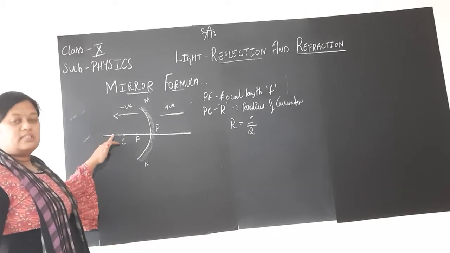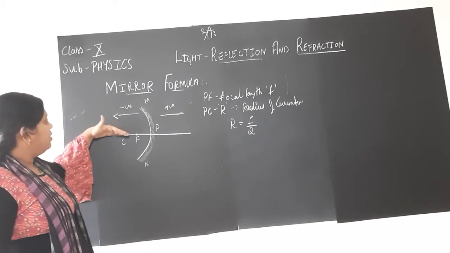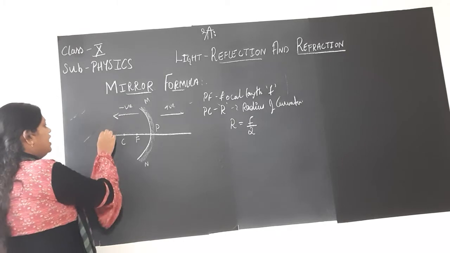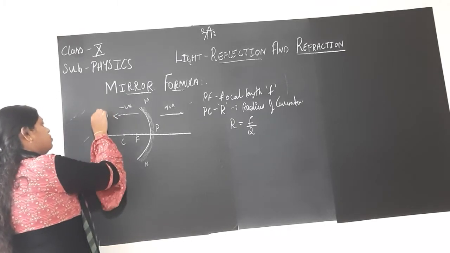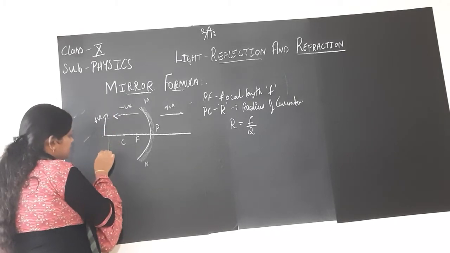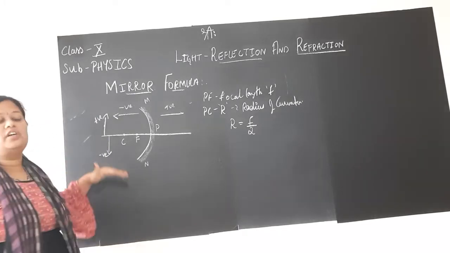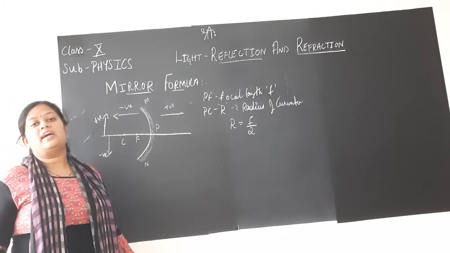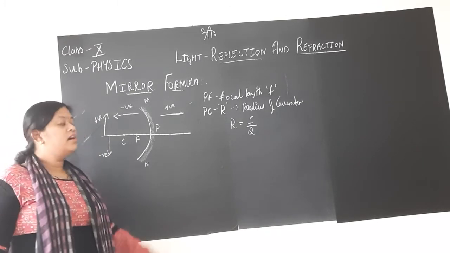All the distances or heights measured above the principal axis are taken as positive. All the distances or heights measured below the principal axis are taken as negative.